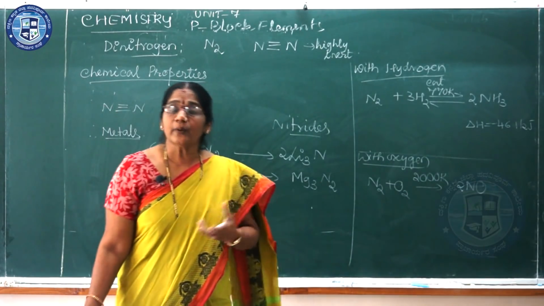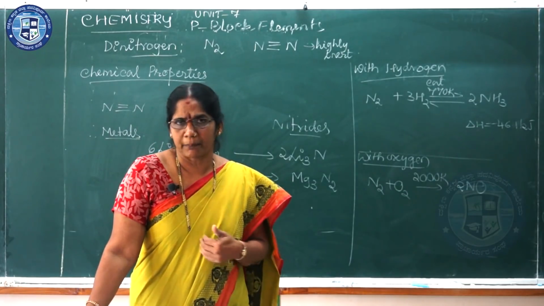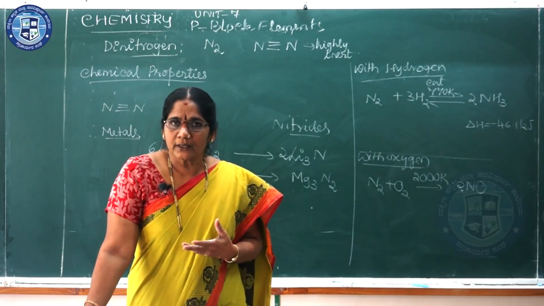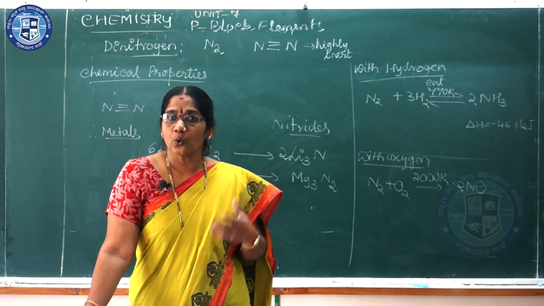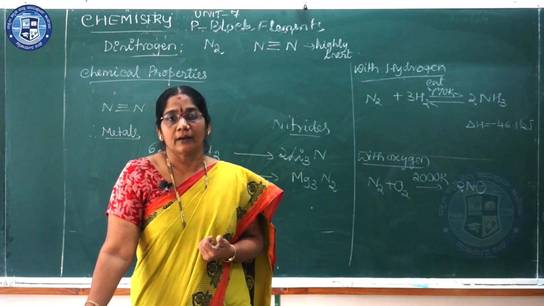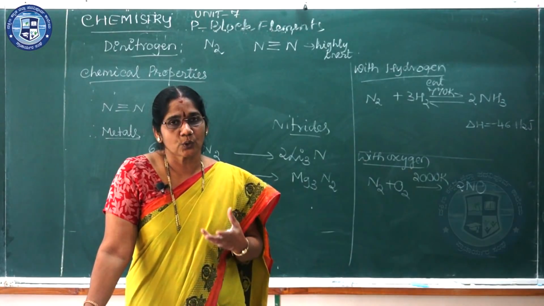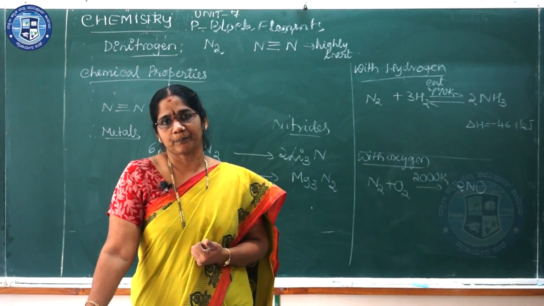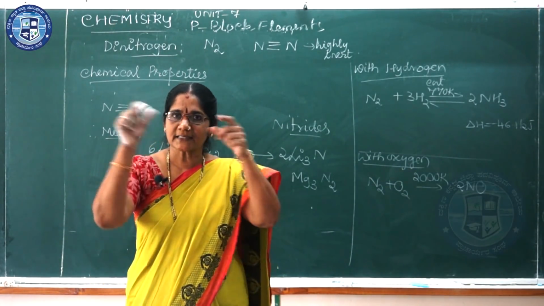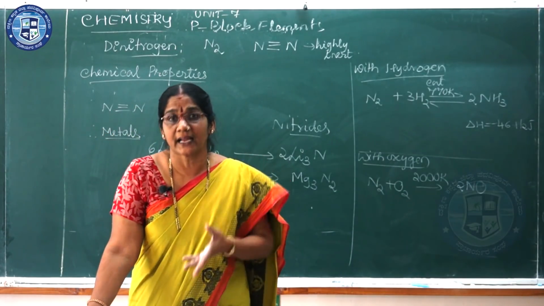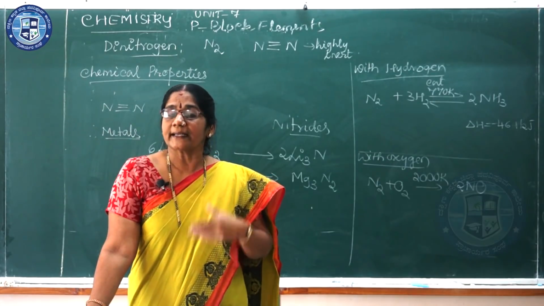And then liquid nitrogen provides a very low temperature, below 77.2 Kelvin, which is used in the storage of biological materials, also used in the storage of food materials. Some packets are sealed with liquid nitrogen kept inside, which doesn't react, so the food materials do not get spoiled.